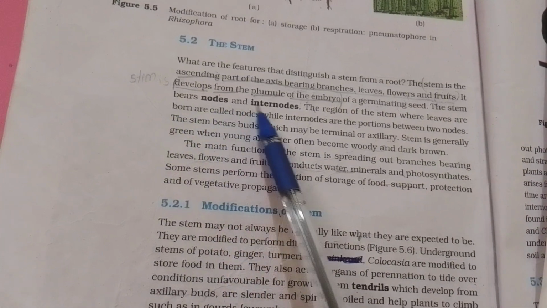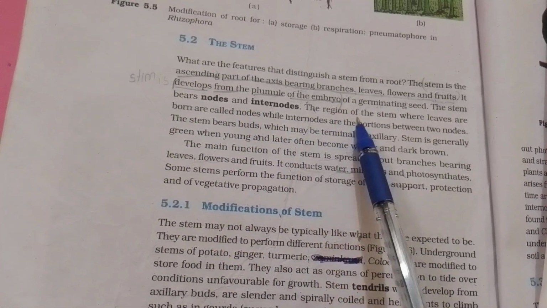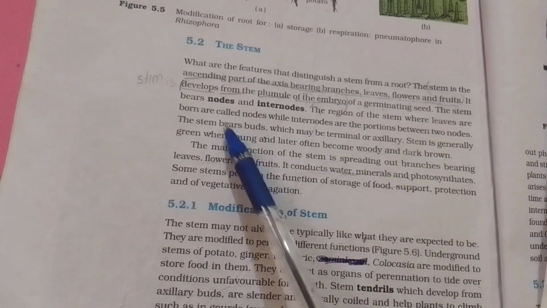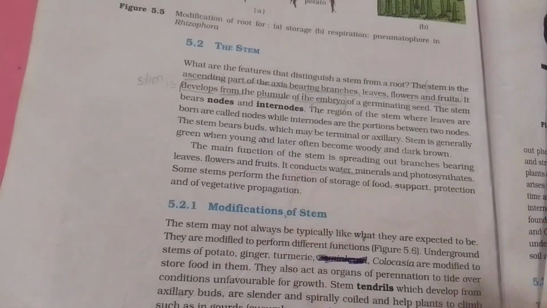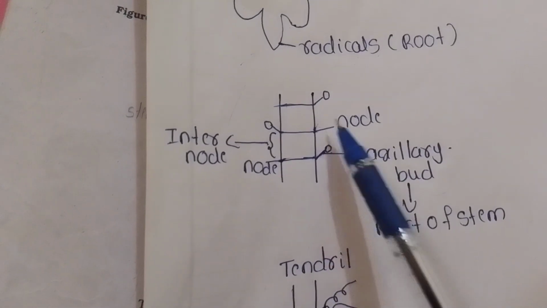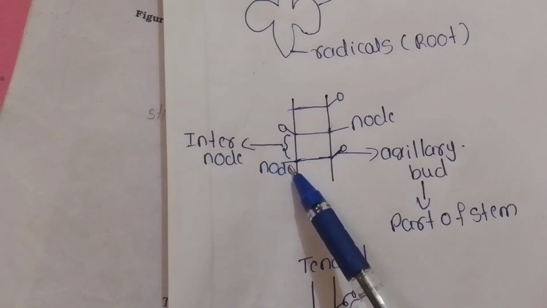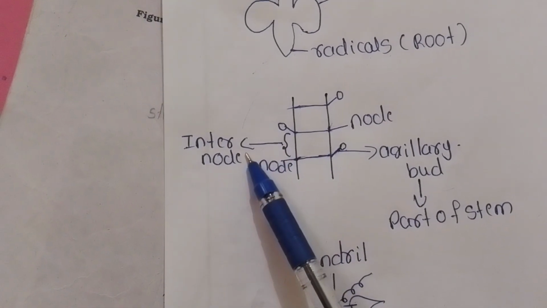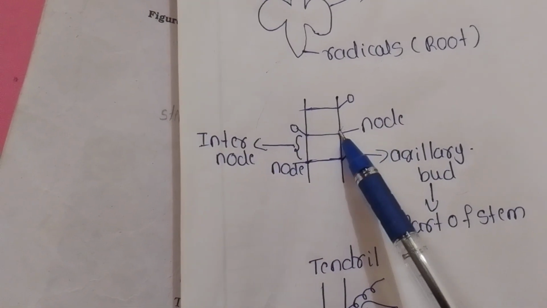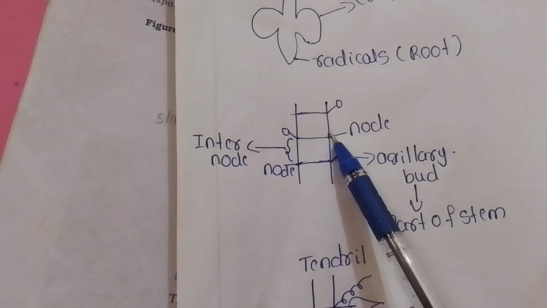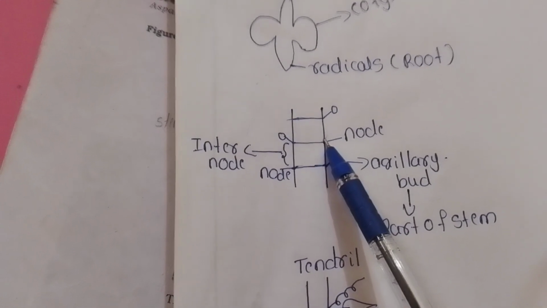The stem bears nodes and internodes. The region of the stem where the leaves are borne is called the nodes. This is the structure of the stem. This is one node and this is another node. The space between two nodes is the internode. It is the space where leaves, flowers and branches are borne.